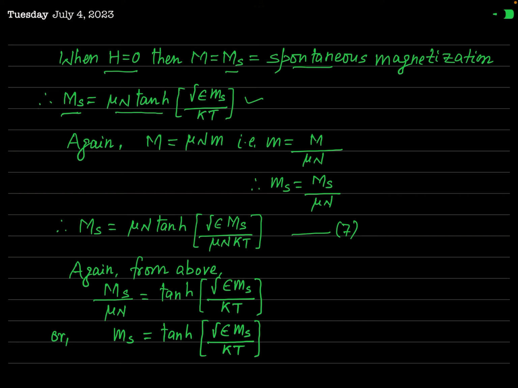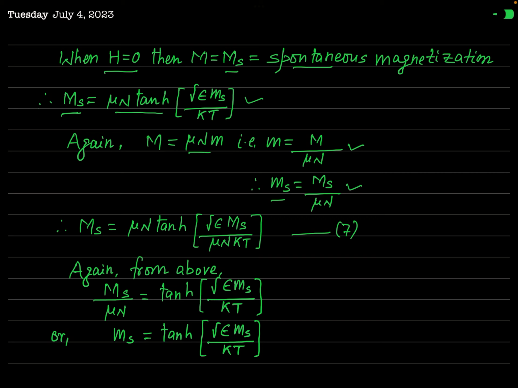Now again you know that this M is equal to mu times n m, so you can write m equal to M divided by mu n. And so if you want to find the spontaneous value of this order parameter, this can be written as ms equal to Ms divided by mu n.